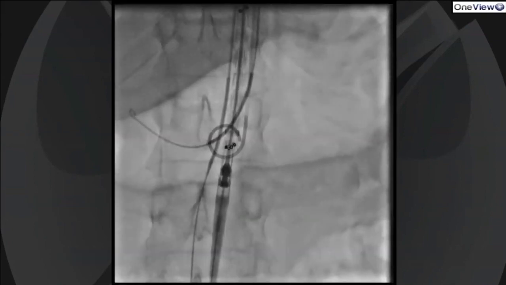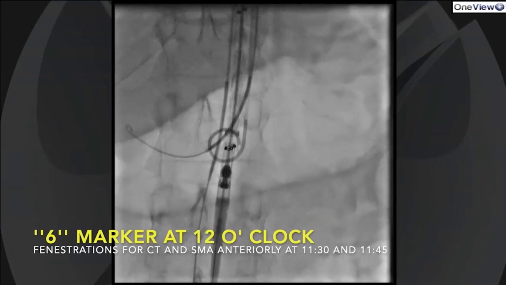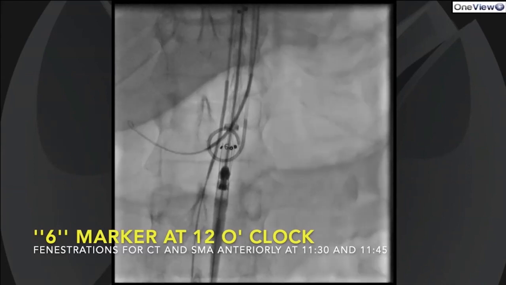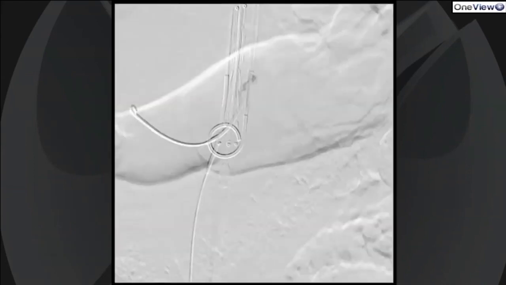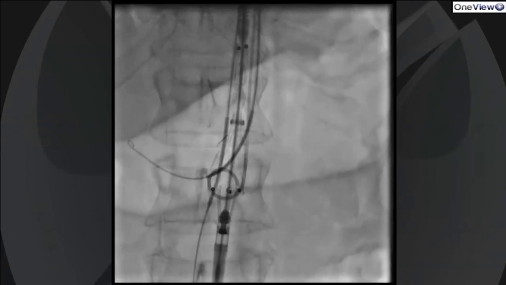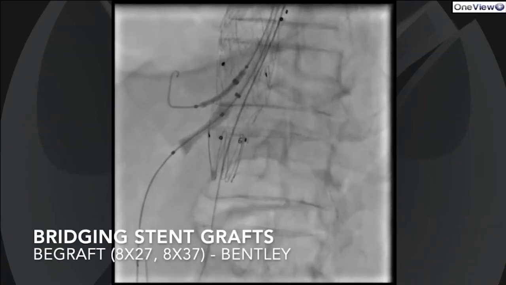Amazing imaging quality, and here the fusion imaging is of unique advantage for us in order to be very precise with the placement of the fenestrated device. We're just opening here very carefully.